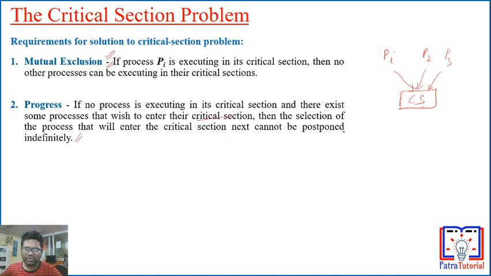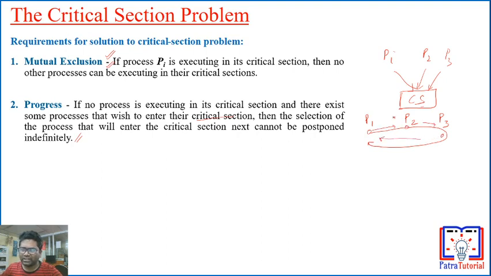This means, let me give one example. Suppose there are three processes, P1, P2 and P3, and the order of execution is P1, P2, P3, then again it comes back to P1. P1 will execute first, then give the chance to P2, then P2 executes and gives the chance to P3, then P3 executes and gives the chance to P1.